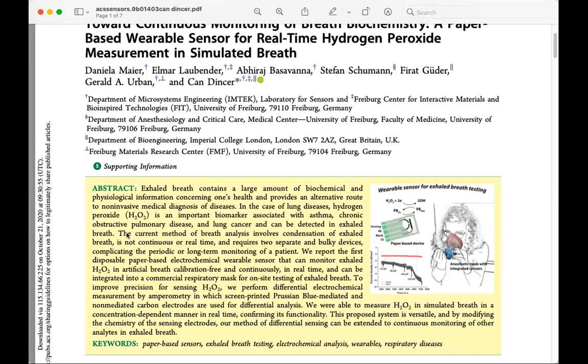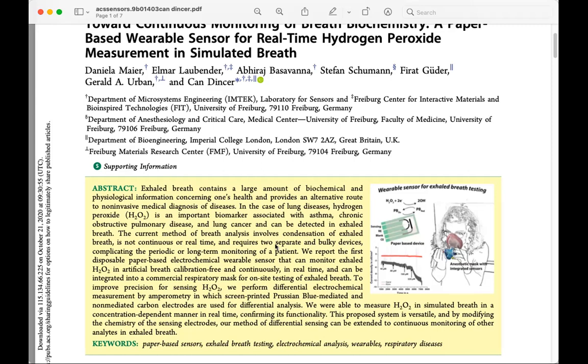And then he mentioned the current method of breath analysis, which means that this is a problem that he wants to counter, which is the issue that breath analysis involves bulky devices.